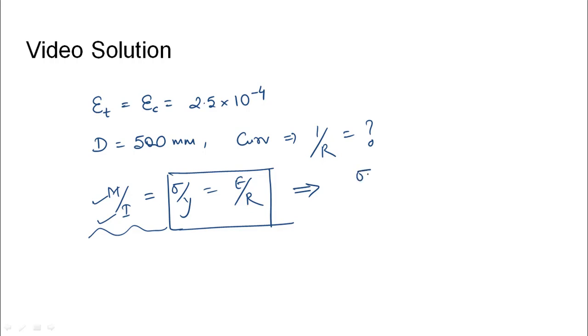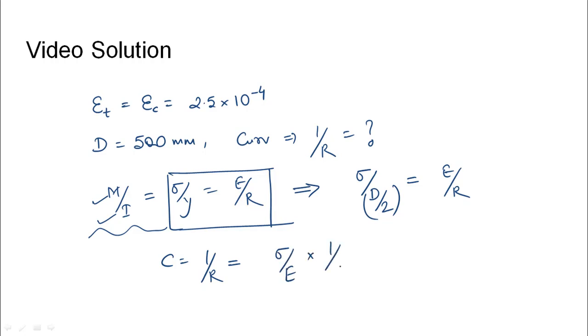So sigma by y, where y will be nothing but half of the depth, is equal to E over R. So what we need is the curvature. So curvature is 1 by R. This can be written as sigma over E into 1 by (D by 2). Sigma over E, stress by elasticity modulus, is strain.